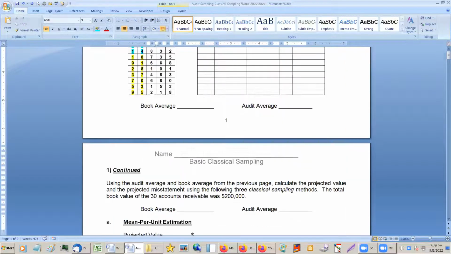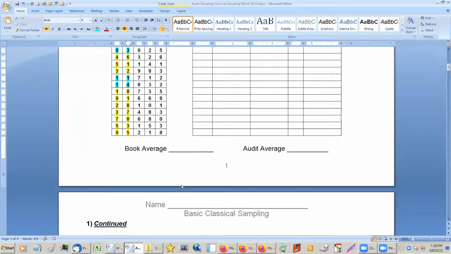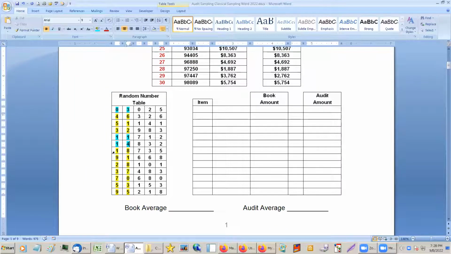Let me zoom in here a little bit. 18 is. 91 is too big. There is no 91. There is a 28. Okay, so these are the 5 items we're going to pick, and they're random.